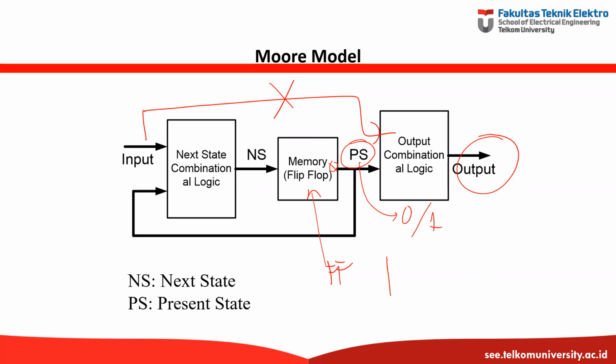However, if the memory has two flip-flops, there will be two Qs. We can call them A and B. So you can have either 0 0, 0 1, 1 0, and also 1 1. So it has four states.